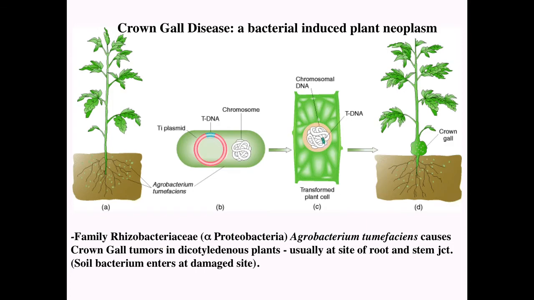And if you want an easy way to remember why the Ti plasmid, it stands for tumor inducing. Everything that we're going to talk about in terms of causing the tumor inside of a plant is all on this plasmid, everything. The bacterium by itself is nothing more than a vehicle for this genetic parasite.